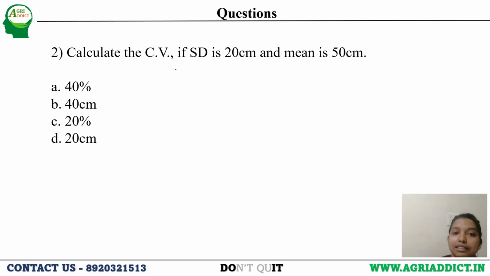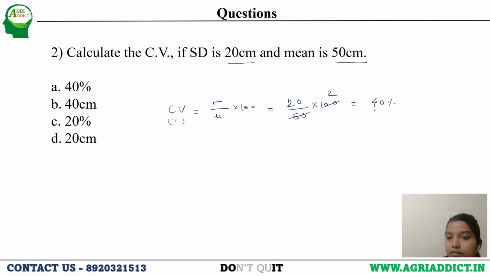Then calculate the CV if standard deviation is 20 centimeter and mean is 50 centimeter. So we studied that coefficient of variation is equal to standard deviation divided by mean into 100. So we just have to put the value. It will be 20 divided by 50 into 100. 50 twos are 100, so 2 twos are 4, 40%.